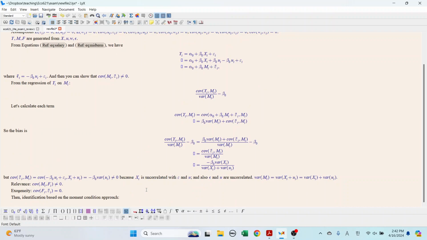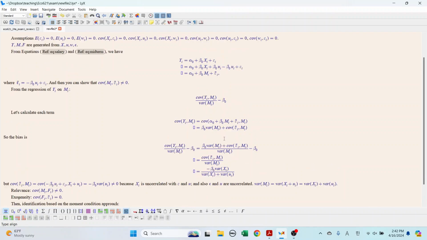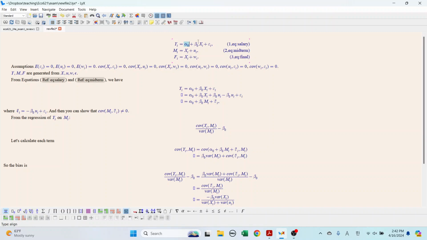And we know that these two are enough to identify two parameters.